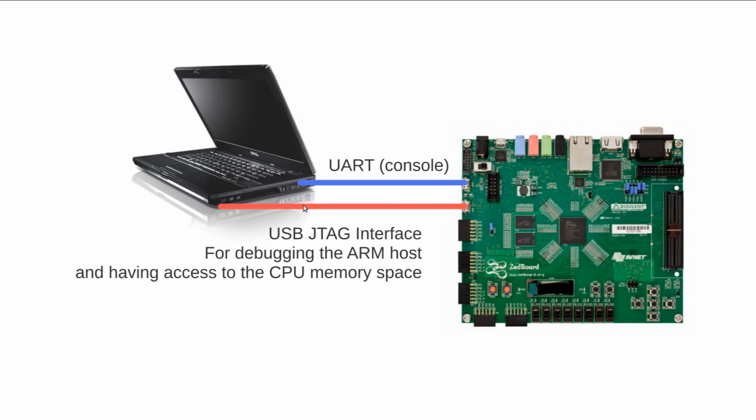And then on the other hand, you have the JTAG connection, and through this JTAG connection I will load the ELF file into the DRAM memory of the ZYNQ device, and then I will tell the ARM host, again through this JTAG connection, to execute this ELF. So the entire control and loading of the application will happen on the JTAG interface, and the UART interface I will use just as the console to see the output of my program being executed on the ARM host of the Xilinx ZYNQ device.